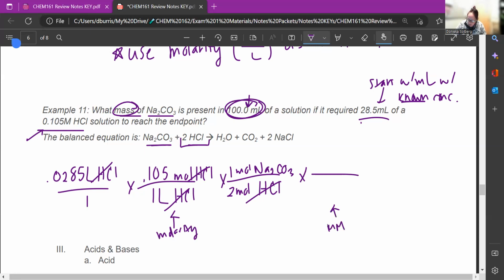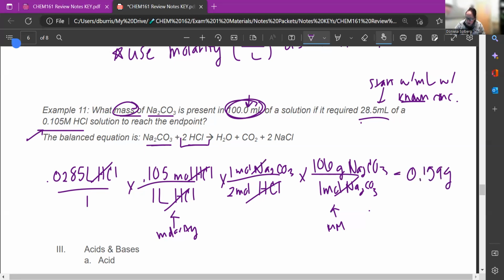So 1 mole of Na2CO3 is, you can add that up if you want to, 106 grams of Na2CO3. Those are going to cancel. You multiply all that out, you should get 0.159 grams, 3 significant figures, of Na2CO3.